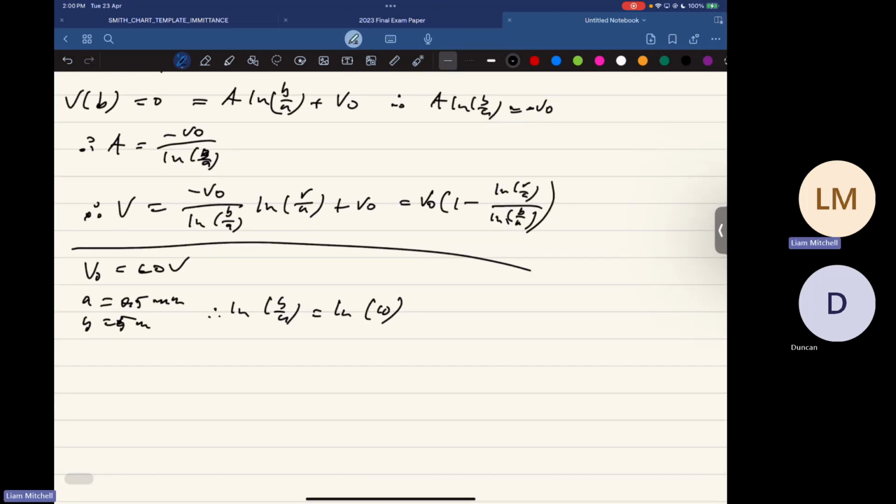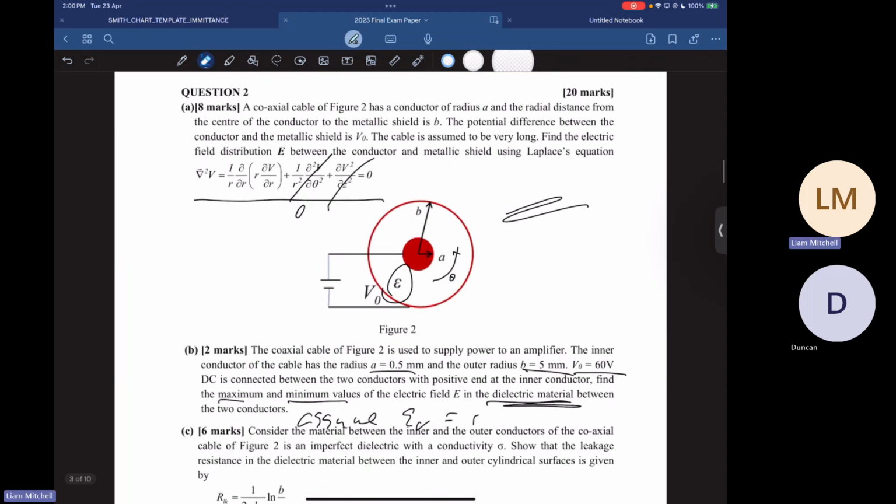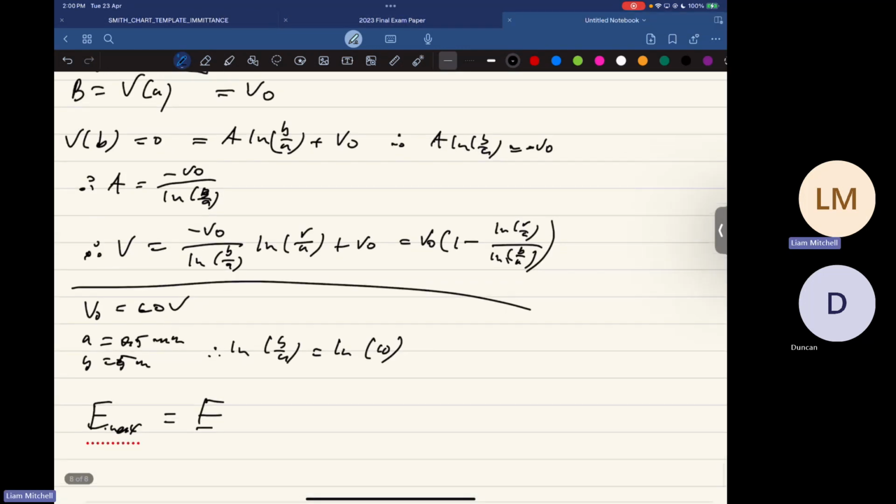And then what we get is that our Emax is... Actually, sorry. I think I didn't finish the last question. We are asked to find the electric field distribution, and I just found voltage. Let me turn back. I'll just move all of this down.